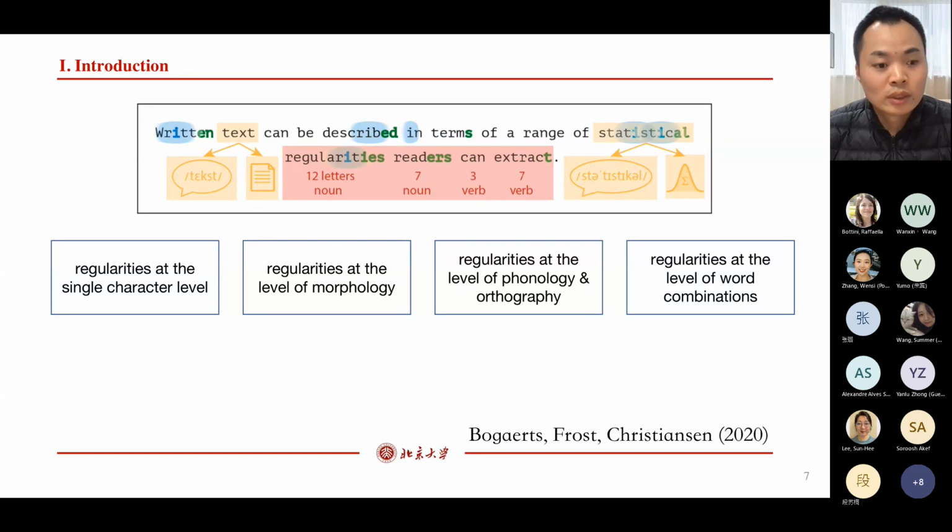There are also patterns underlying the combination of morphology, like affixes, prefixes, and suffixes. There are regularities at the level of phonology and orthography, that is, which letters go together and make certain sounds, and which map to different sounds. And because I'm going to talk about word combinations and multi-word sequences, there are also such statistical regularities at the level of word combinations.